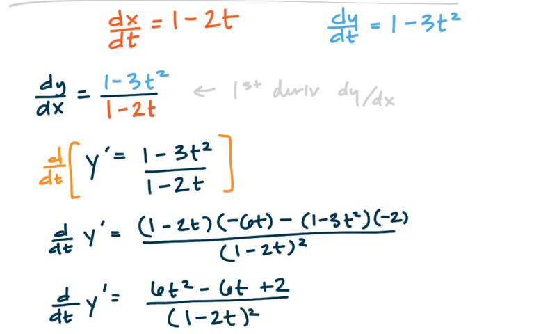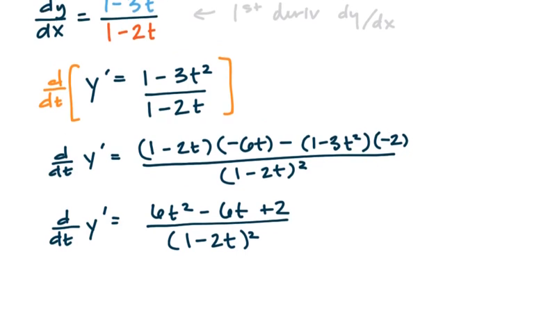I encourage you to make sure you can properly do the algebra there, FOIL, distribute, and get this new numerator. You might want to pause the video and do that. And what this represents is the derivative with respect to t of that first derivative. So the derivative of the derivative would essentially be the second derivative.